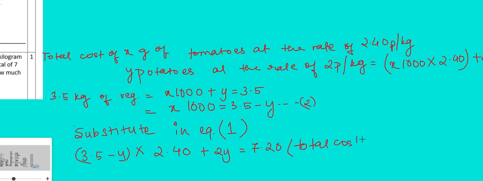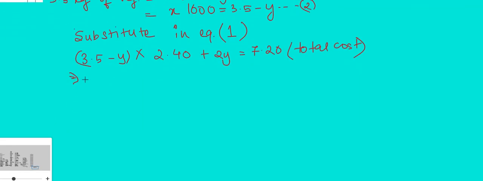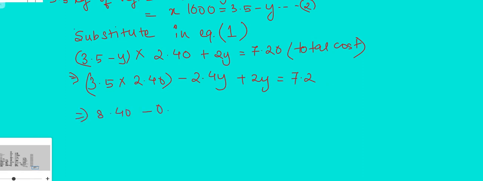So now, 3.5 into 2.40 in bracket, then minus 2.4y plus 2y is equal to 7.2. That gives 8.40 minus 0.4y is equal to 7.2.